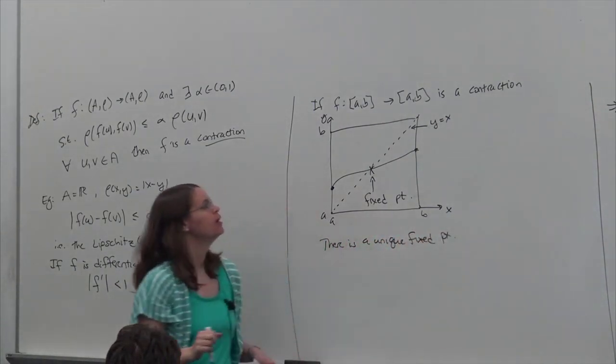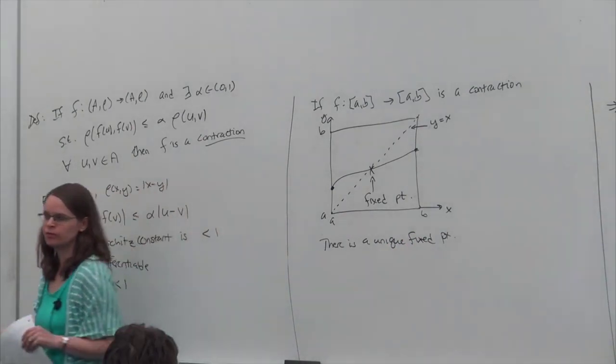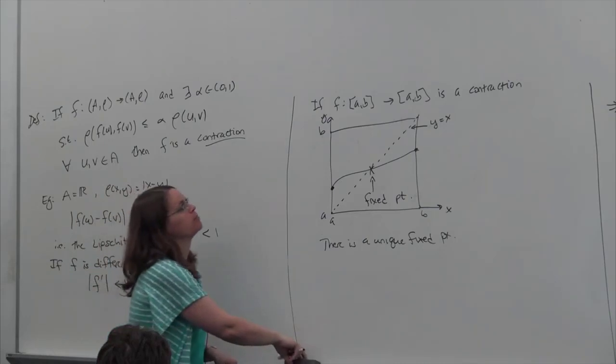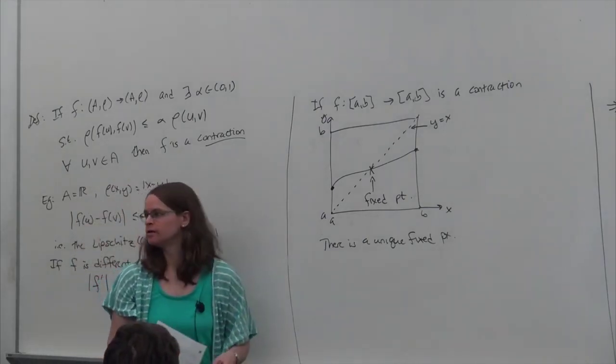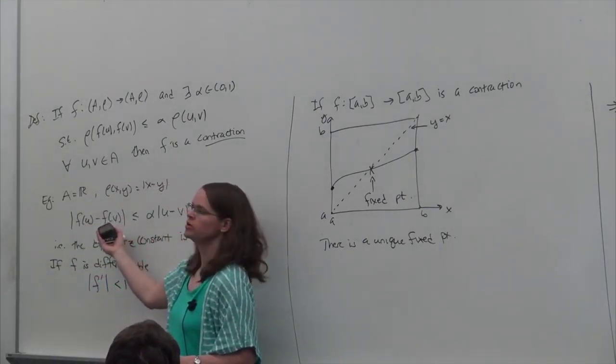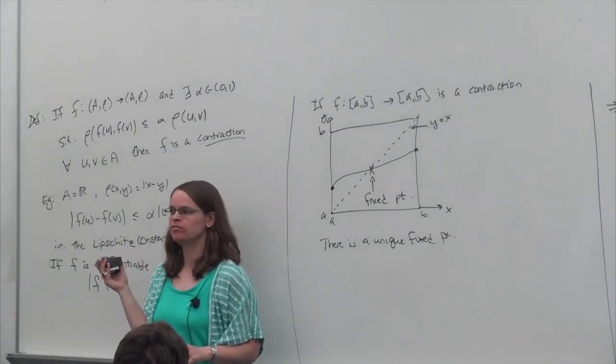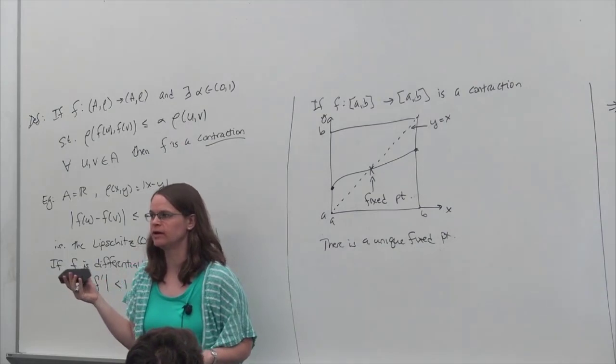Okay, that's maybe relatively obvious for real valued functions of the reals, but this all still holds for contractions on more general metric spaces. So I'll start with the observation, which seems to be true on the reals but is also true more generally: contraction mappings are continuous functions automatically.